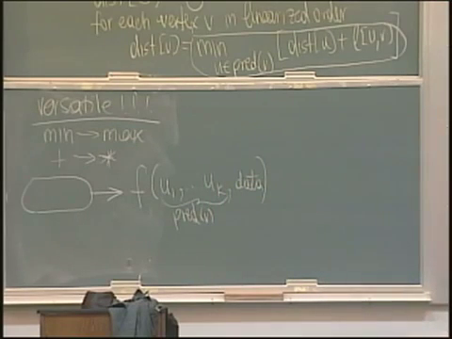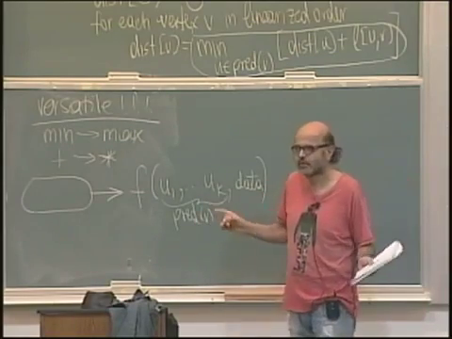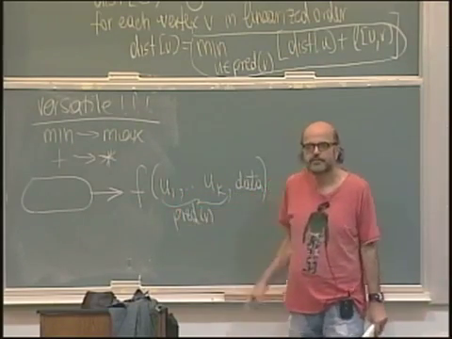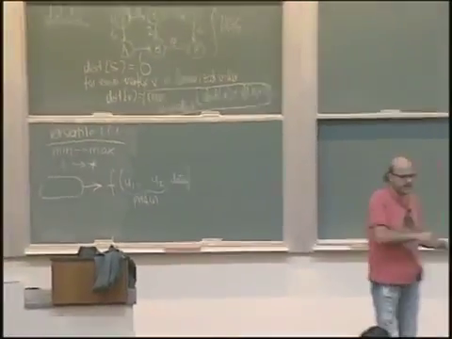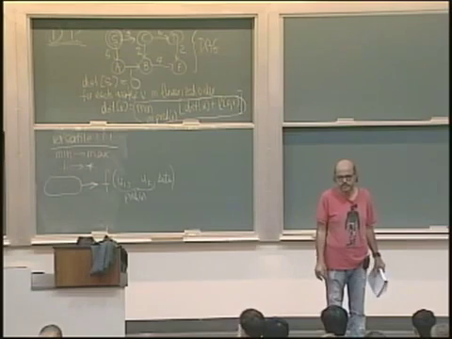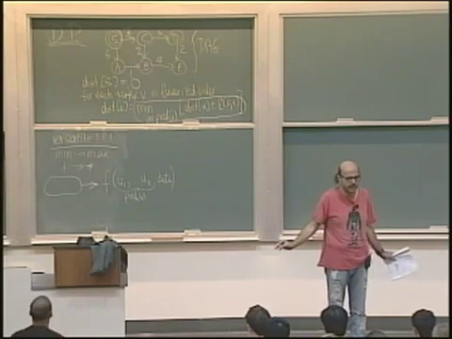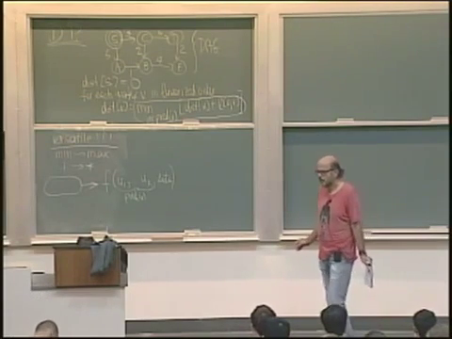So write any method you want, okay? Write any code you want. Put here any code you want, just as long as it only looks up the predecessor nodes and their data and the data of this node. Do I make sense? Am I right?